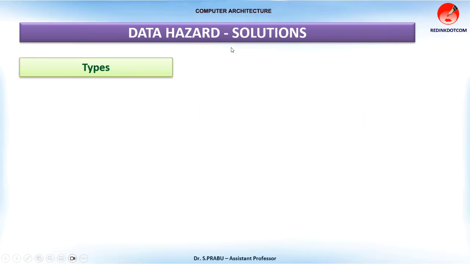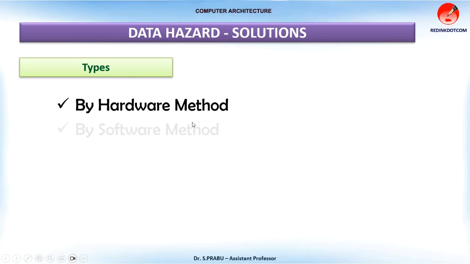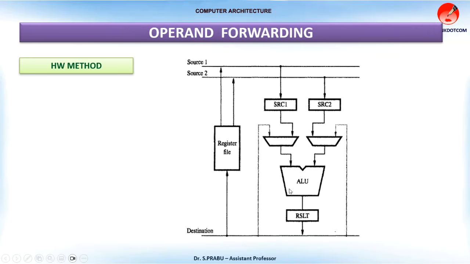It can be solved in two ways: by means of hardware and by means of software. When we make changes in the hardware, we can handle the data hazard. Here, the output of the ALU is connected to one of the inputs of the ALU, so there is no need to wait for the writing operation. During execution, the updated data can be fed into one of the inputs for the second instruction.